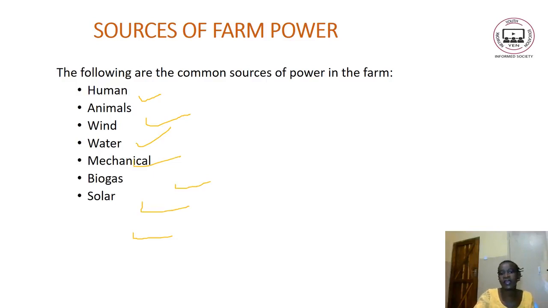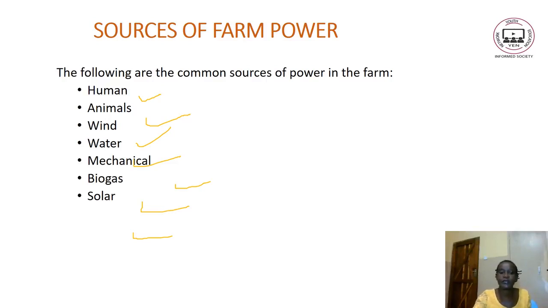We can carry out agricultural activities or farm activities by using these sources of farm power. As I've already mentioned, we have human, we can use animals, we can use wind, we can also get some power from water to use in farm operations, mechanical, biogas, as well as solar.